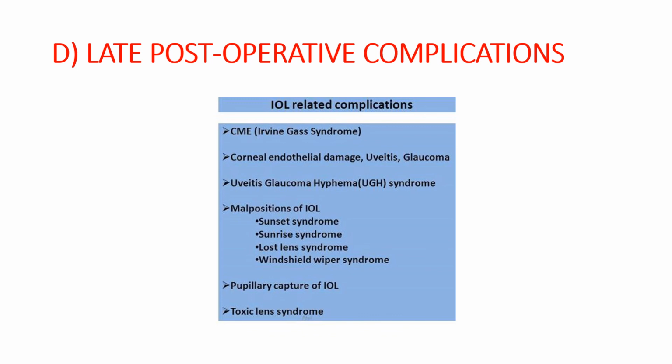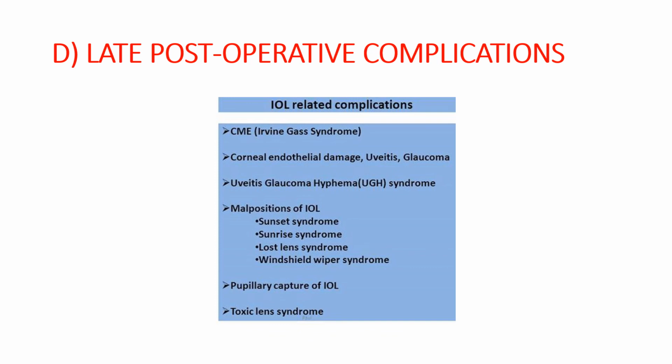This was also more associated with the anterior chamber IOL because the IOL used to be kept in the anterior chamber. It used to rub against the endothelium, causing endothelial damage. It used to obstruct the flow of the aqueous humor, causing glaucoma. So these are all more related to anterior chamber IOL.